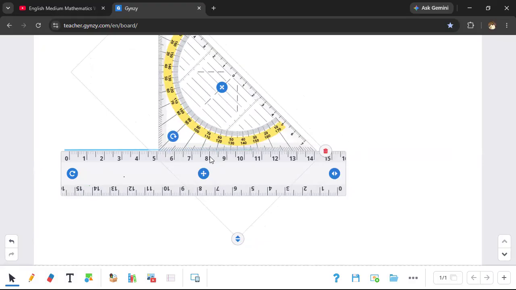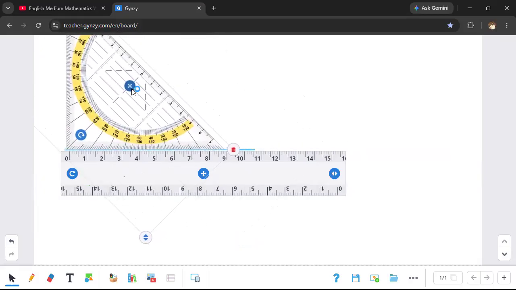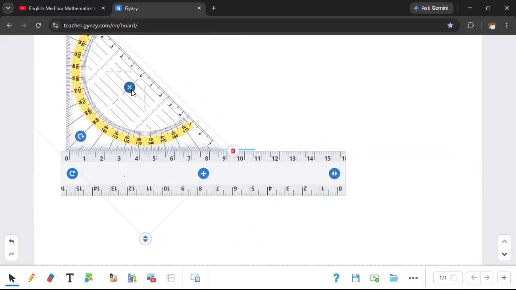These two edges of the ruler and the set ruler should coincide with each other. Like this. Remember. Then I'm going to move it to here and place it at the starting point of my fixed line. I will name it as A. And here we have B.